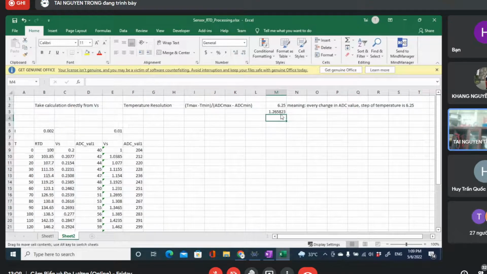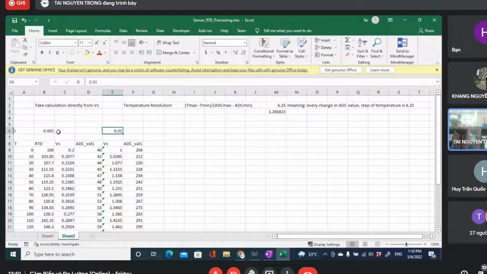Okay, and in this case, every change of the sensor decreases, and then the voltage value can detect the change in the value of IDC. This case is 0.01.